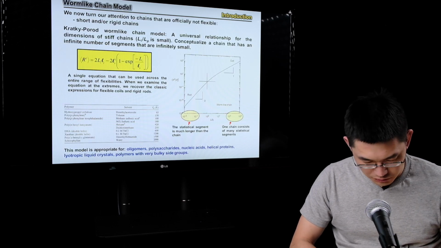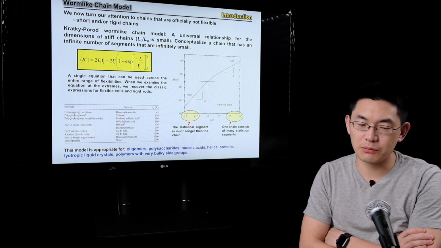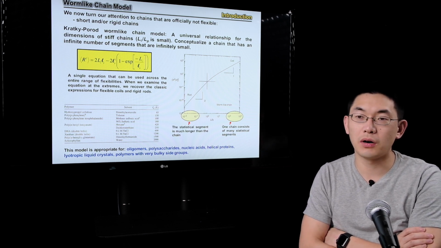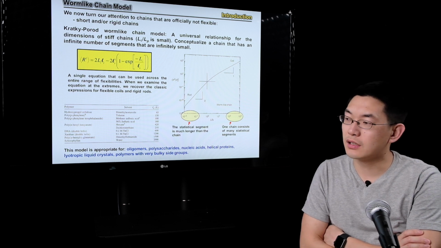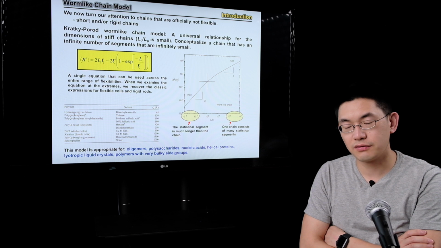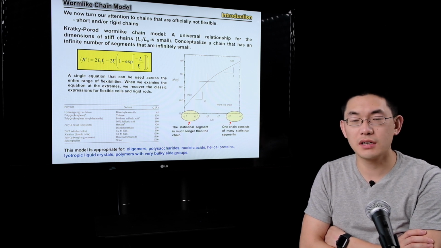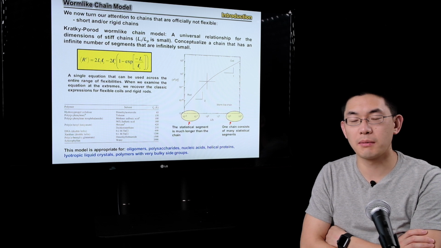What is more interesting and more useful is to get a more generalized model for polymers. As we have discussed many times in the previous lecture, the freely jointed chain and free rotation chain have some limitations. The limitation is you always need to have flexible bonds along the polymer backbone.